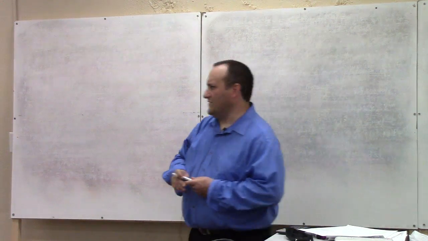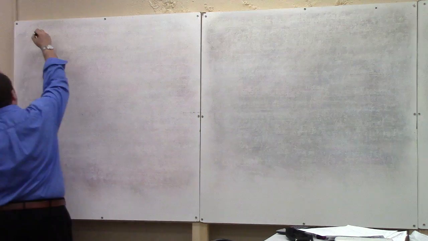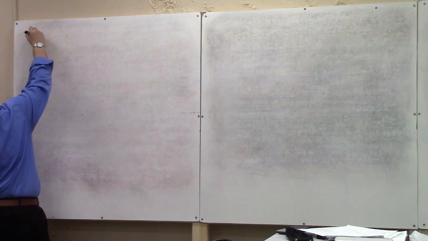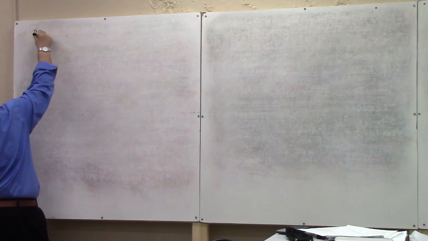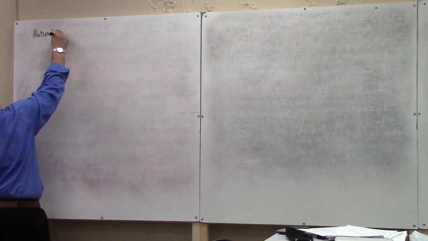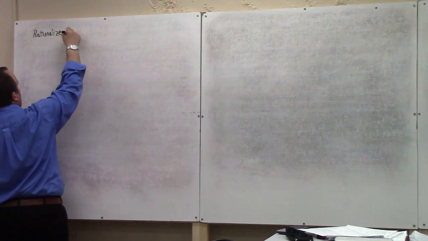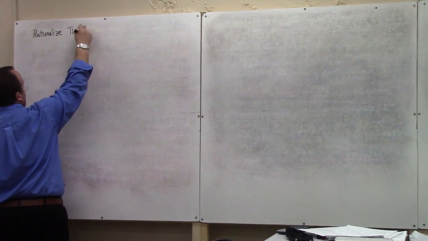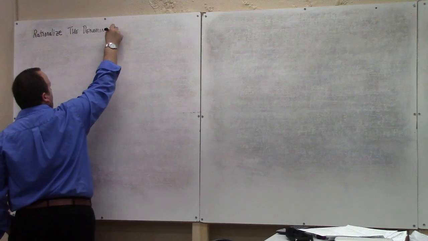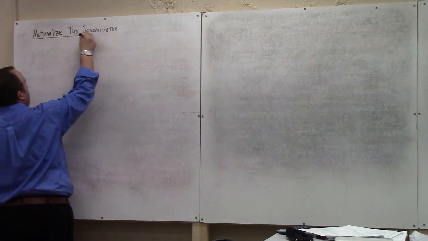So what does it mean to rationalize the denominator? What do we mean by that?